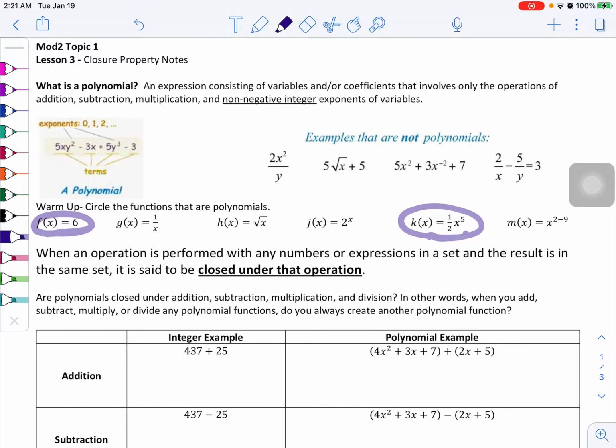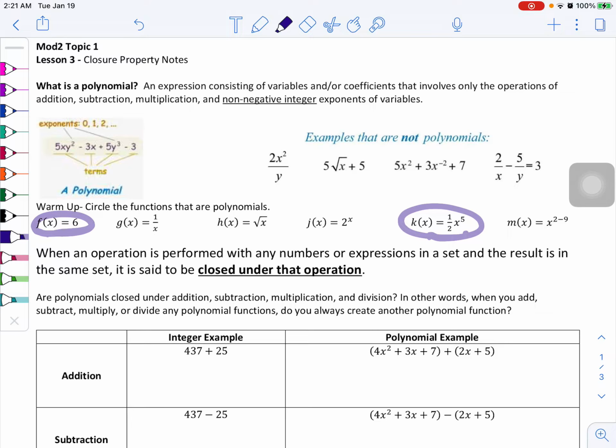All right, we've kind of talked a little bit about polynomials now, so let's talk about closure. And this is going to sound weird, but here's how it works. When an operation is performed with any number or expression in a set, in this case we're going to be talking about polynomials, and the result is in the same set, polynomials, it is said to be closed under that operation.